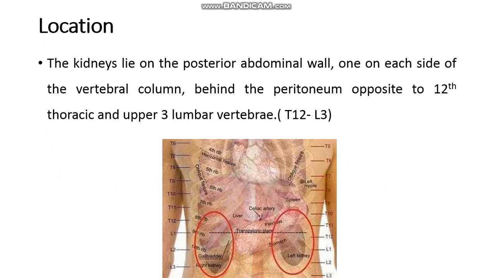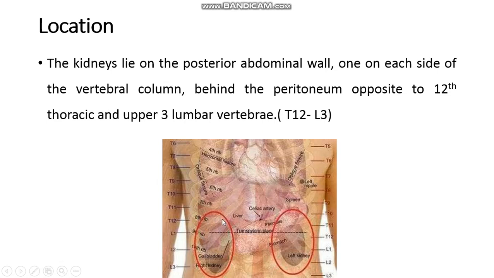The location, as we already discussed: the kidneys lie on the posterior abdominal wall on each side of the vertebral column. Each kidney, the right kidney and the left kidney, is located on either side of the vertebral column, just behind the peritoneum, opposite to the 12th thoracic and upper 3 lumbar vertebrae.